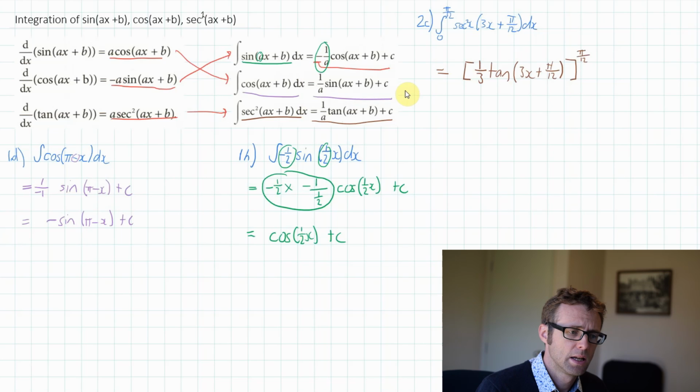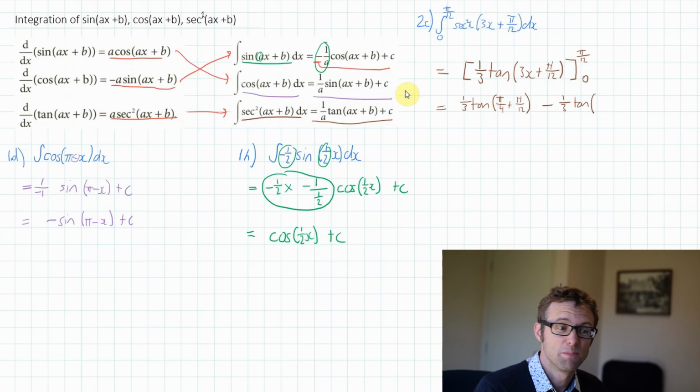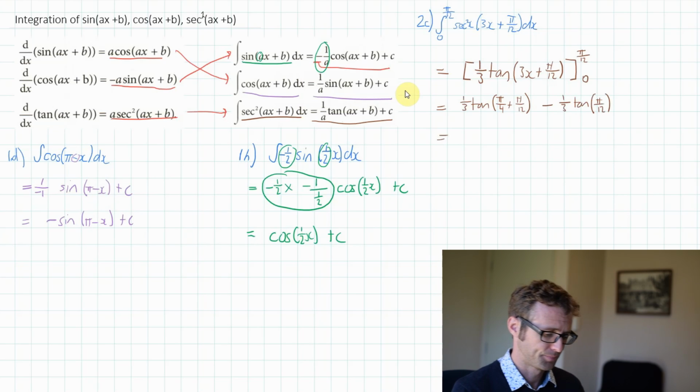We're dealing with a definite integral here. What that will end up being is 1/3 tan of 3 pi over 12, which is pi over 4, plus pi over 12. And from that we're going to subtract 1/3 tan of 3 times 0, which is 0, so it's just pi over 12. I'm just going to put that in my calculator now.